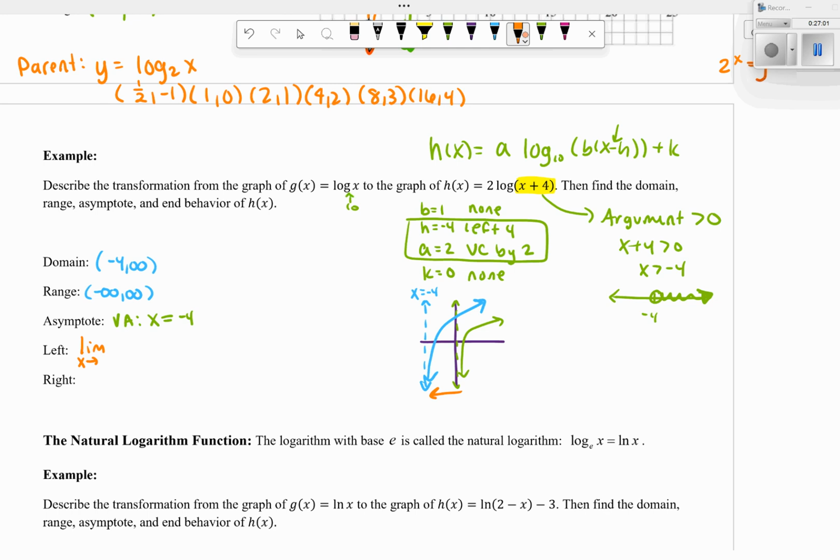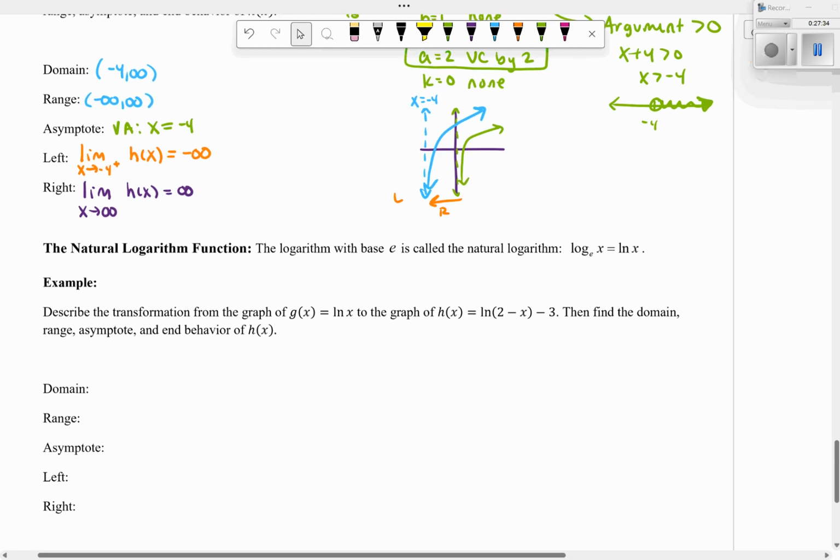So it's the limit as x approaches -4, and we're going from the right side of that vertical asymptote, because remember, this is the left side, this is the right side. And that plus means the right, and the function, which is h of x, is going towards -infinity. And then the limit as x approaches infinity: as our x values get larger, our y values are going towards infinity. So that would be our end behavior.